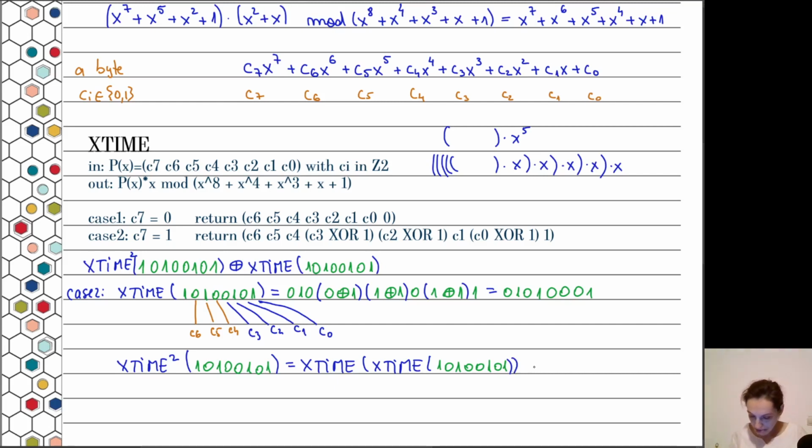Now the result will be XTIME on this input, and this input is this one.